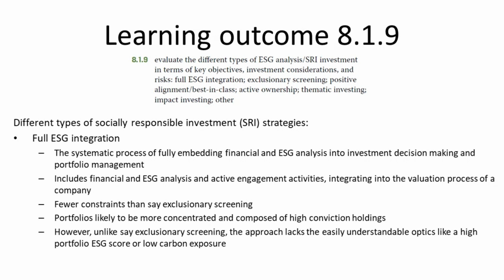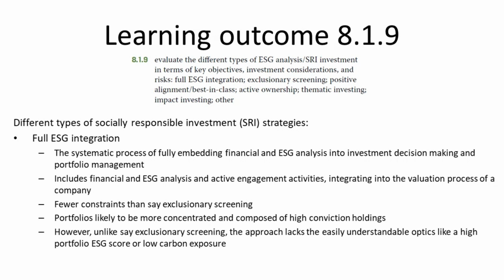By doing so, there will be fewer constraints than, say, exclusionary screening. And via such an approach, the portfolios may be more concentrated in high conviction holdings. However, unlike exclusionary screening, the approach lacks easily understandable optics like a high ESG score or low carbon exposure.